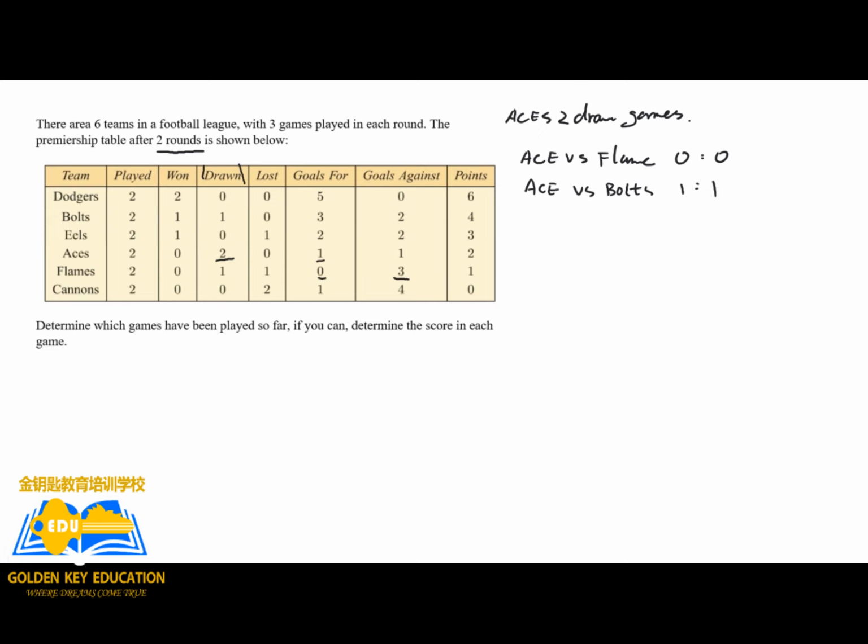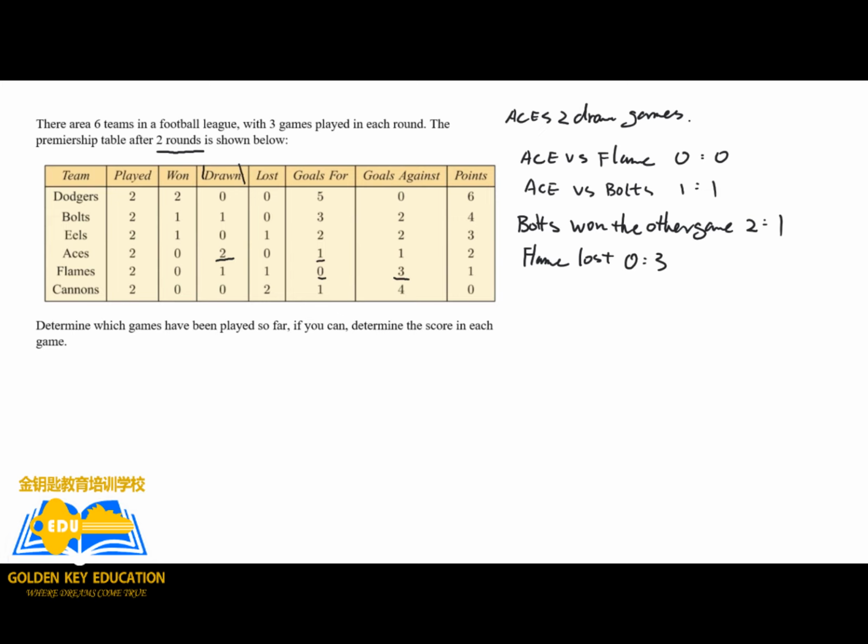And if you check the Bulls, because Bulls has 1 game that is 1-1 against Aces, there are 2 goals against and 2 goals for, so therefore Bulls must have won the other game 2 against 1, with whom we haven't yet figured out. Flames has been lost 0 against 3.